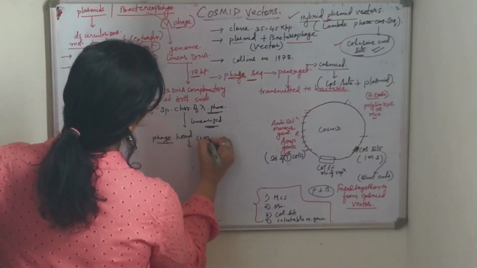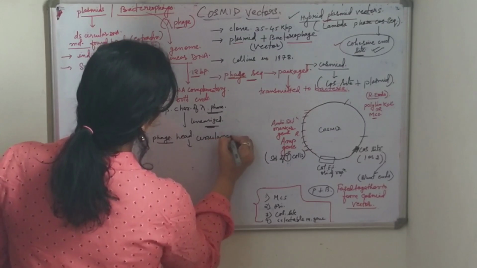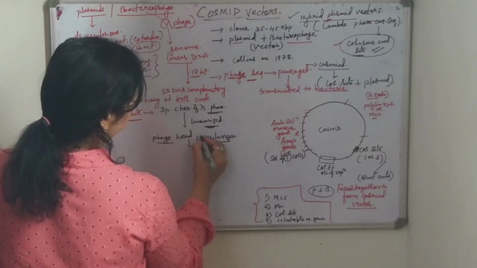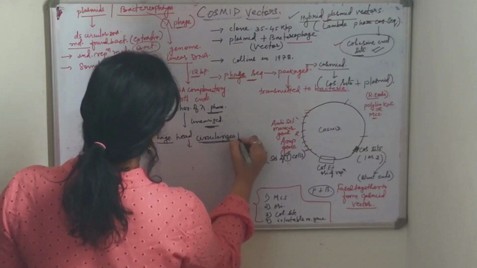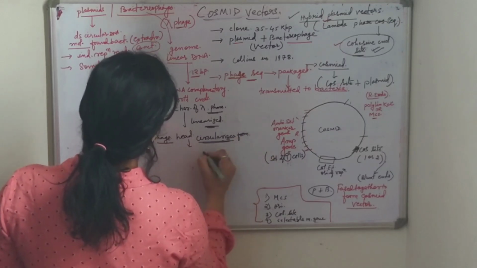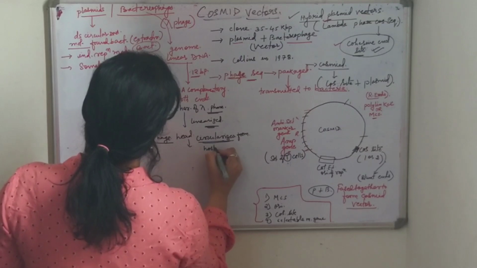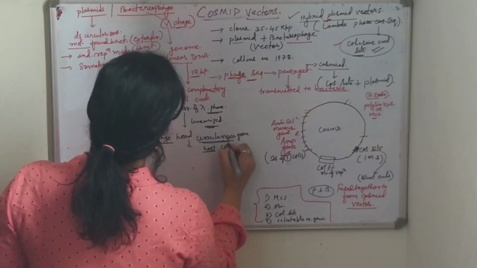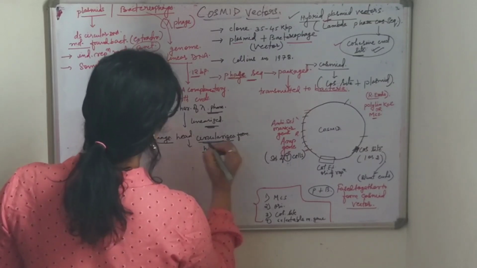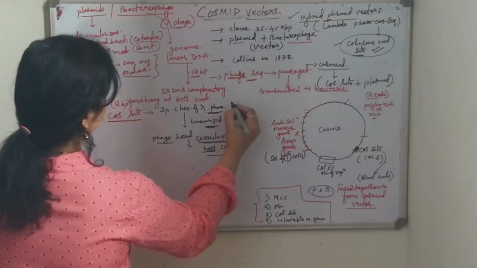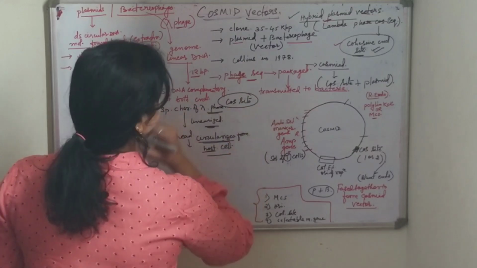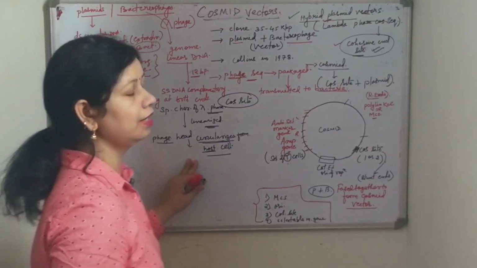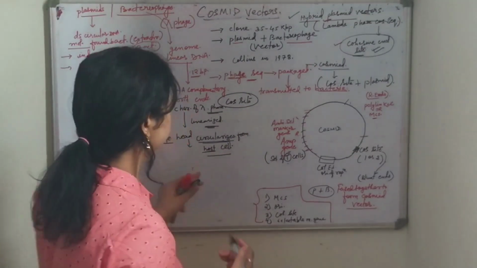It will not be in linearized form, it will be in circularized form inside the host cell. Okay. And it is possible by the cos site. This circularization is possible by the presence of this cos site.